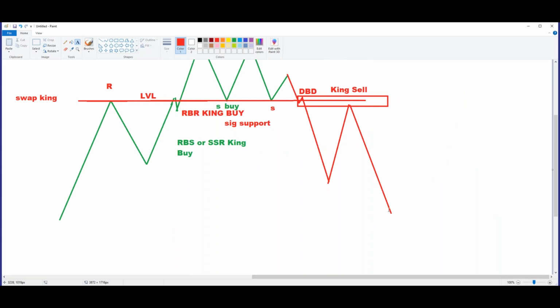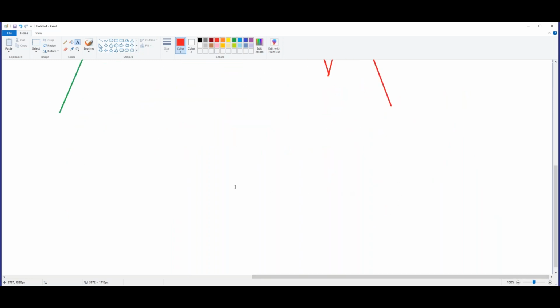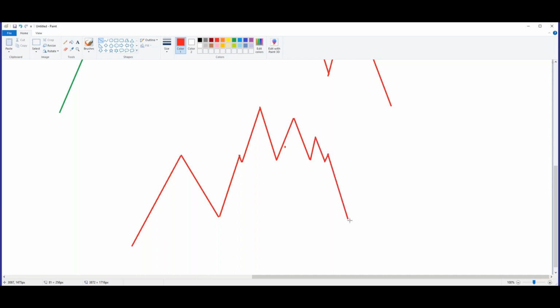So this is what happens at a QM level. The same thing happens. If you draw a QM level, actually it is the same thing. You have resistance and then you have a rally base rally, sometimes a double Maru or whatever. Then suddenly you have a support, or maybe you don't have support, but you have a drop base drop, and then price goes down. So this pattern is actually a QM, a reversal pattern.